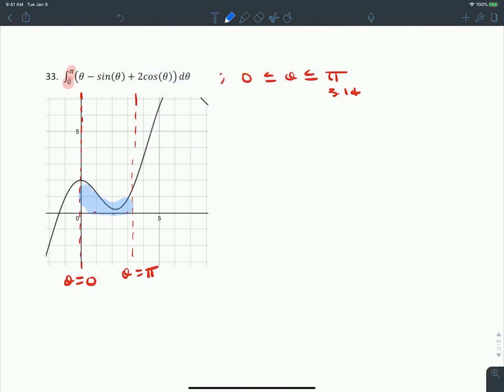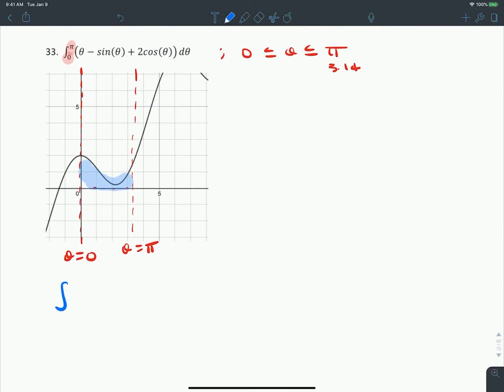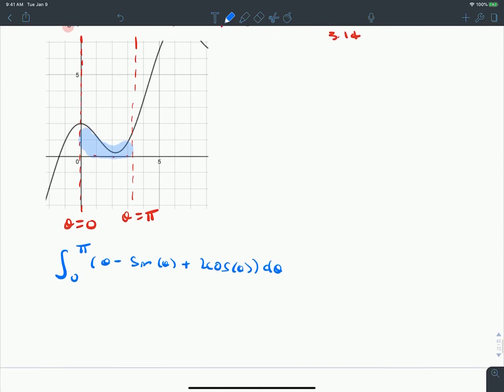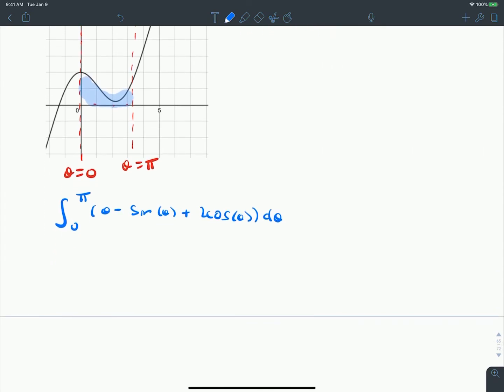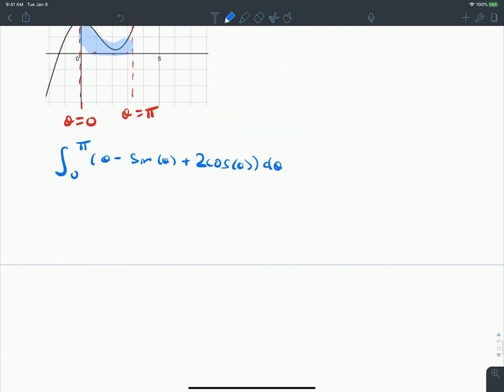So let's see what we get now. The integral from 0 to pi of theta minus sine theta plus 2 cosine theta d theta. So by properties of integrals, we can look at each one individually, or we can actually just simply find the antiderivative of each one. So by now, you guys should be able to do that because you had homework on antiderivatives. So this function is going to be theta squared over 2 minus.